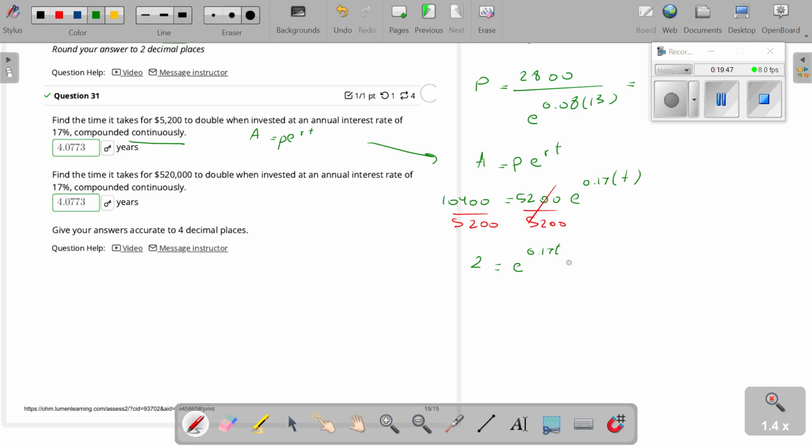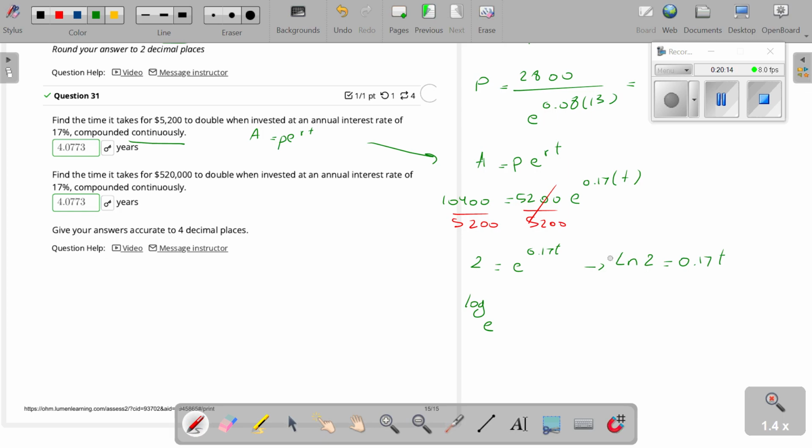Now, in order to get the t by itself, you're going to change this to a log. Because the base is e, I'm going to write ln instead of writing log base e. So ln of 2 is equal to 0.17 t, because the power is always the answer to the log.